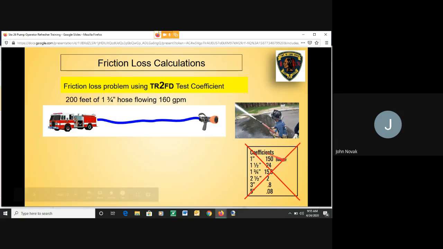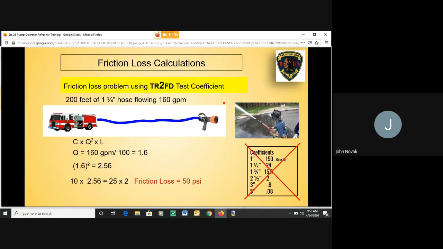So you can see we crossed out the stuff on the bottom here, the IFSTA coefficients. With this illustration, we can see that using the IFSTA formula stays the same.